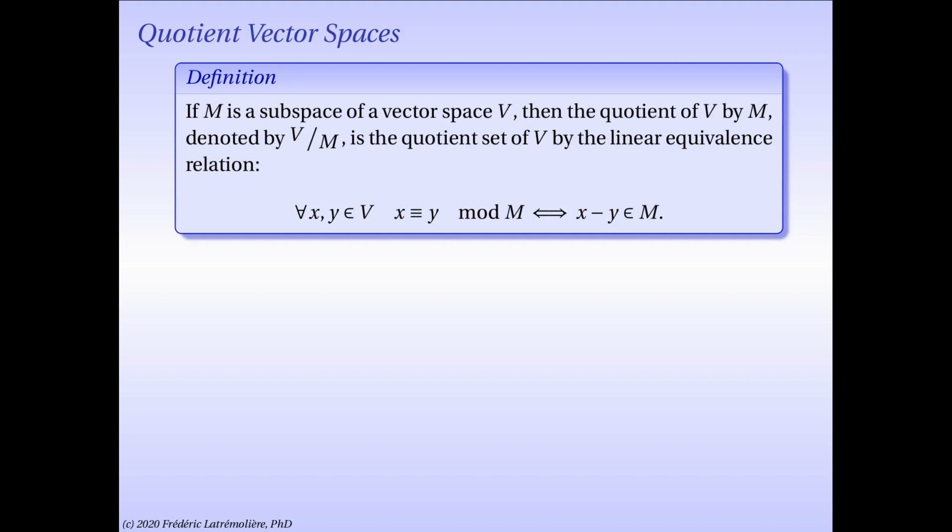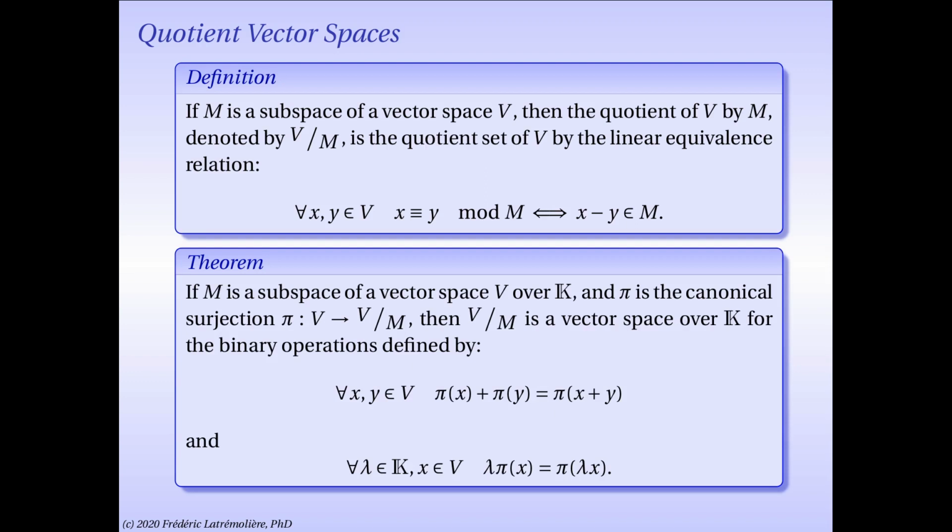So we hope that the quotient set of a vector space by linear equivalence is itself a vector space. I begin with the standard notation. If M is a subspace of a vector space V, then the quotient of V by M, denoted by V quotient M, is the quotient set of V by the linear equivalence of equivalence modulo M.